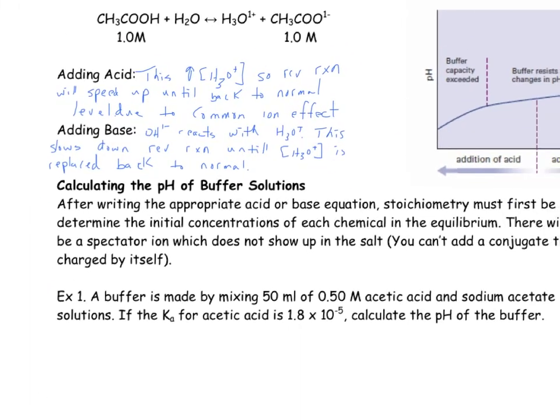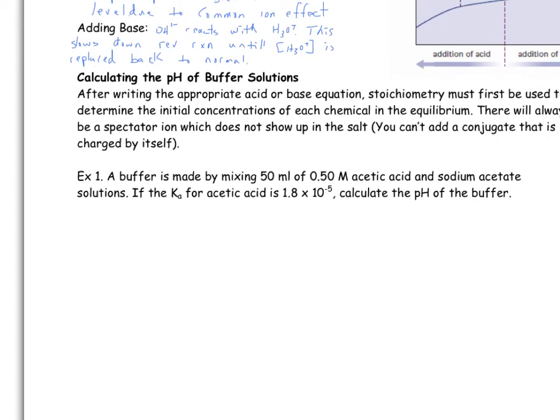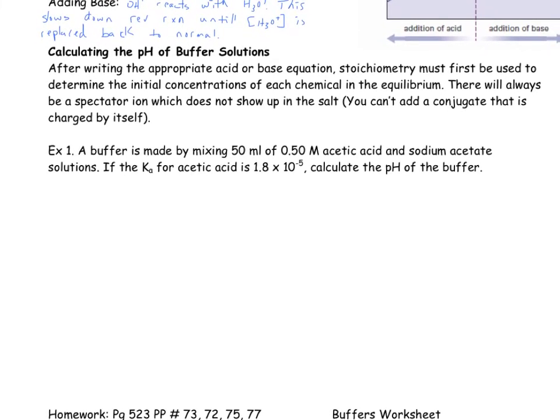Equilibrium calculations involving buffers are a little bit more complicated because you have to write the appropriate acid or base equation. You always write the equilibrium involving the weak acid or base, not the conjugate. The conjugate will appear on the product side.